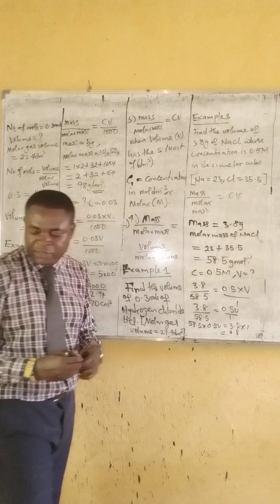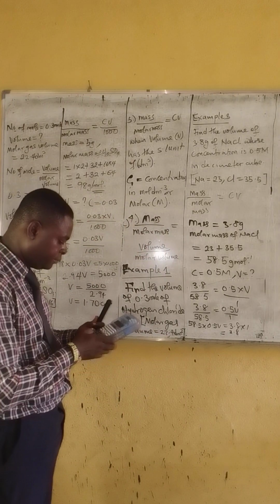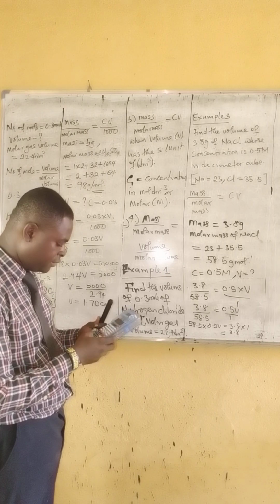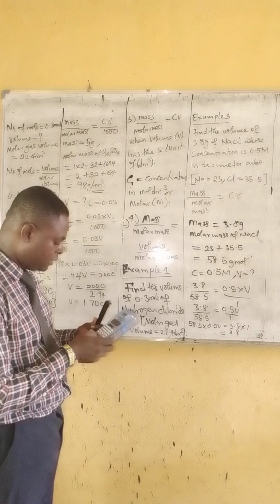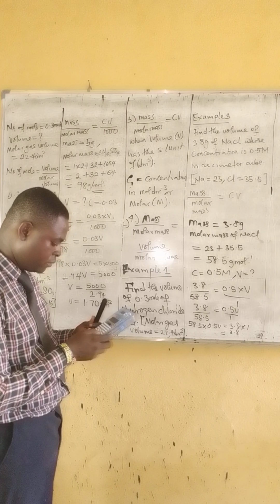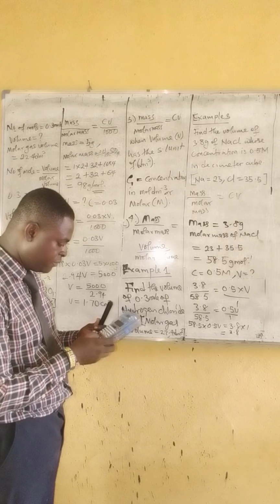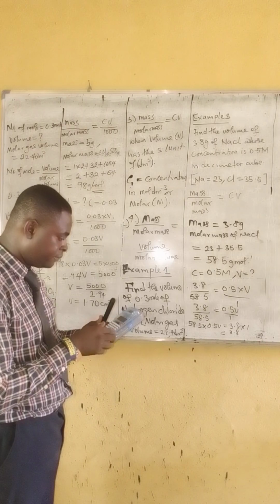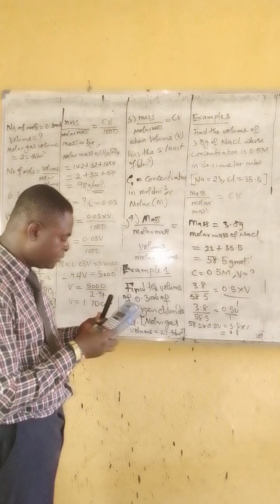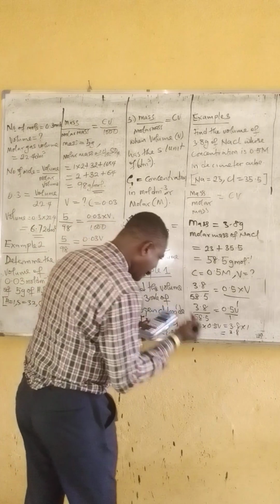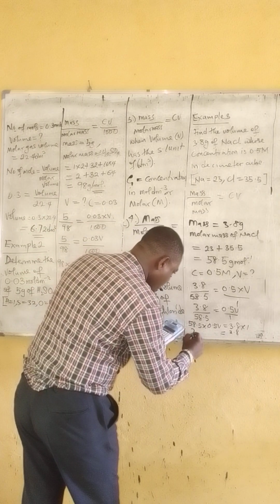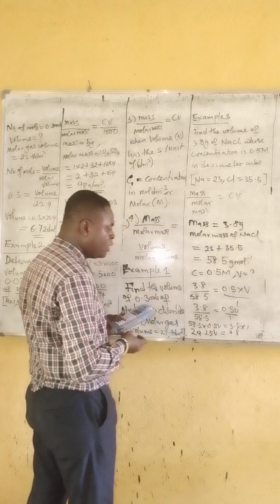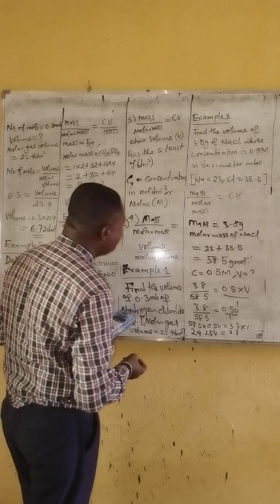Then, what do we have there? We have 58.5 times 0.5, and our answer is going to be 29.25 V. So what do we now do? We divide both sides by this number.